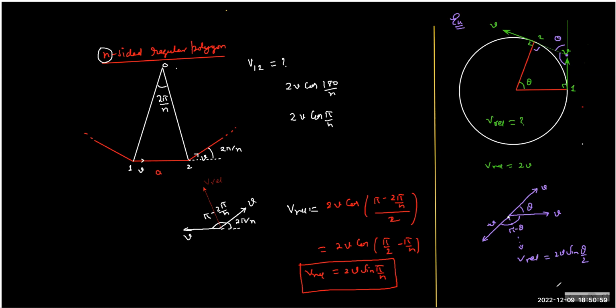Okay. So for example, let me show you a simple question. A simple case scenario. Let's say we have a vector v like this, and this is theta. To convert this into I cap, J cap, we need to choose some coordinate system.